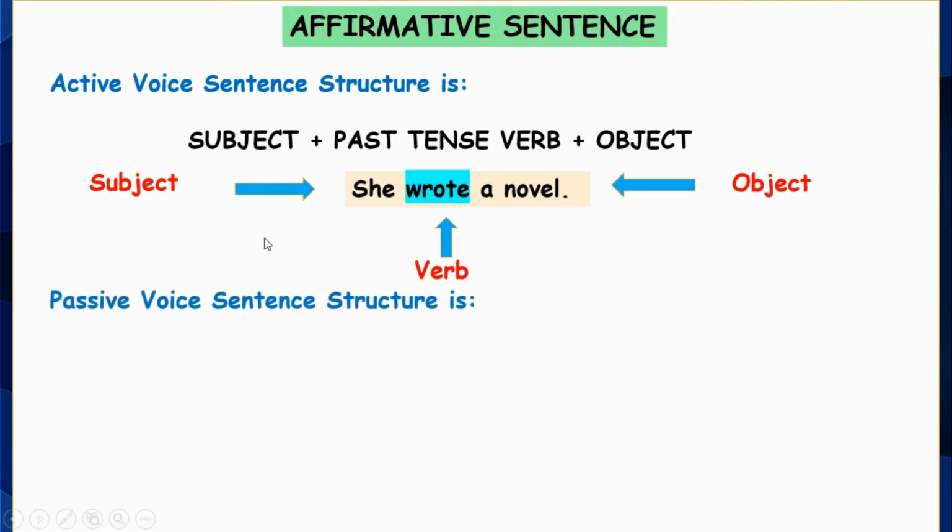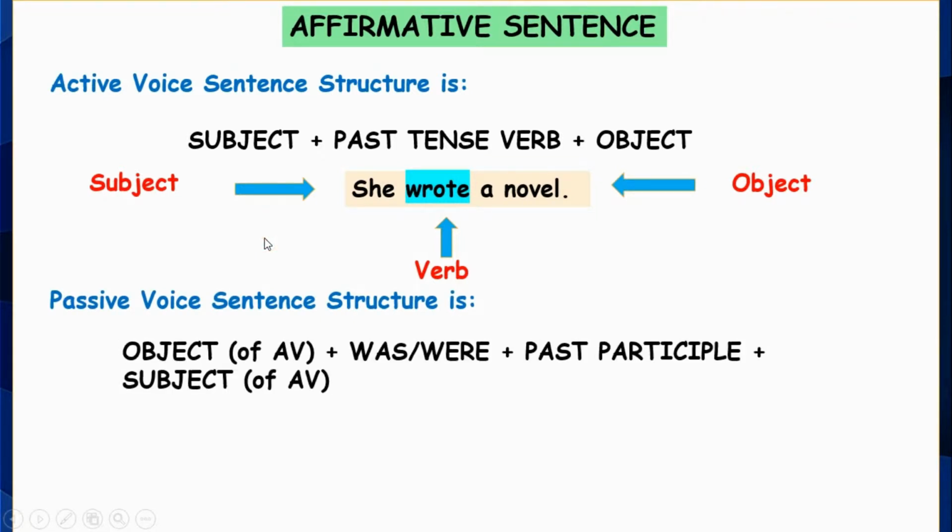Okay. Passive voice sentence structure is object of active voice plus was or were plus past participle, that is V3, okay, plus subject of active voice. So this is the structure of passive voice in simple past tense affirmative sentences.